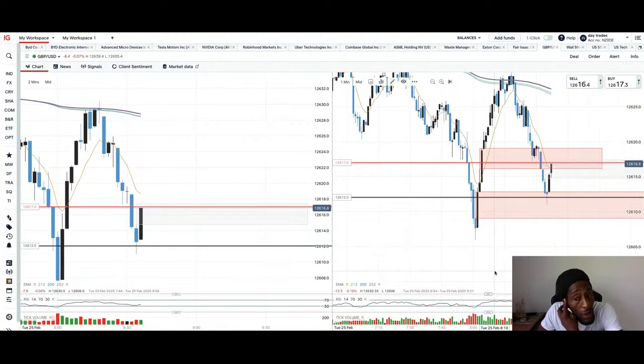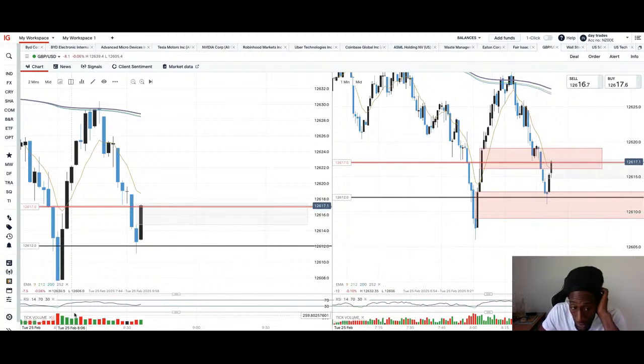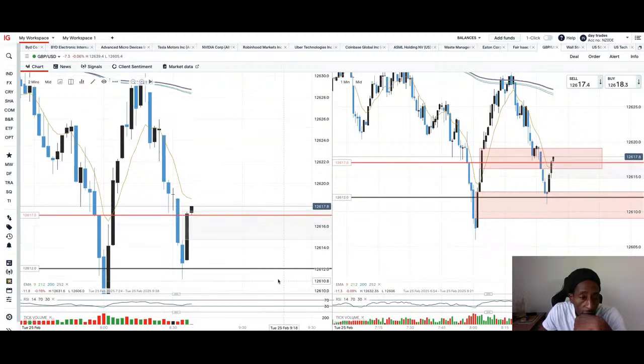You see, I didn't go all the way down. It's good, but at the same time, it's so close to the lows. It closed perfectly on the 2 minute as an inversion.